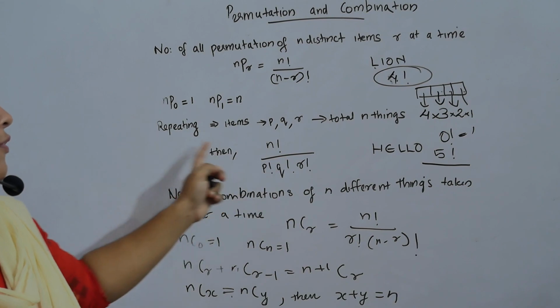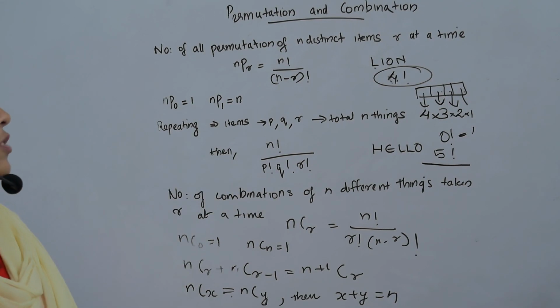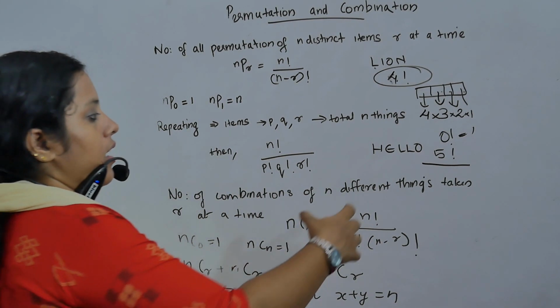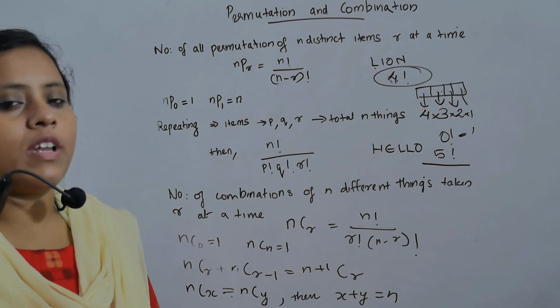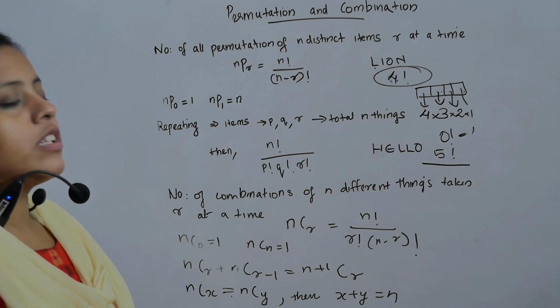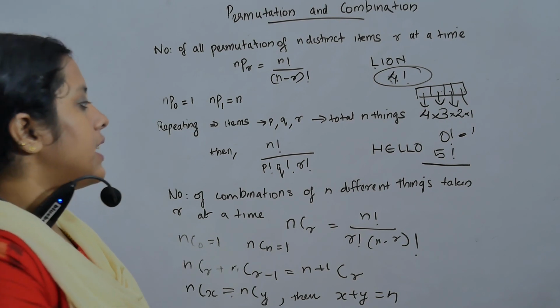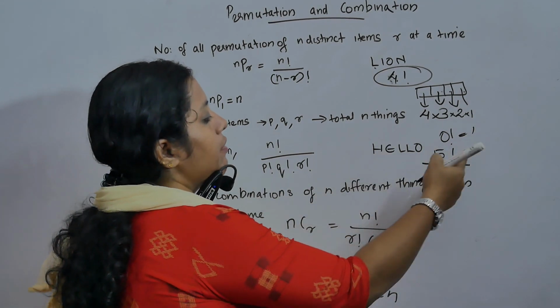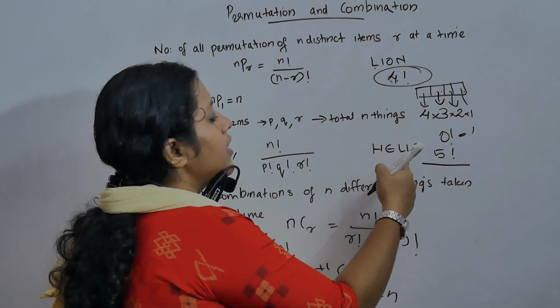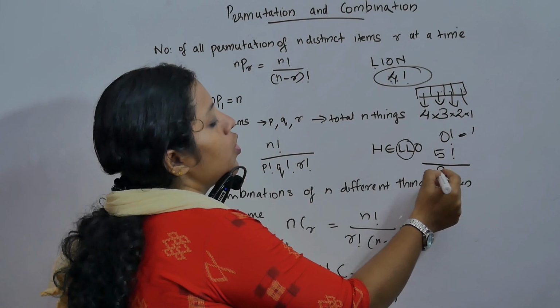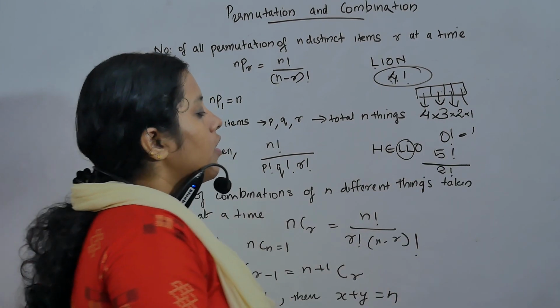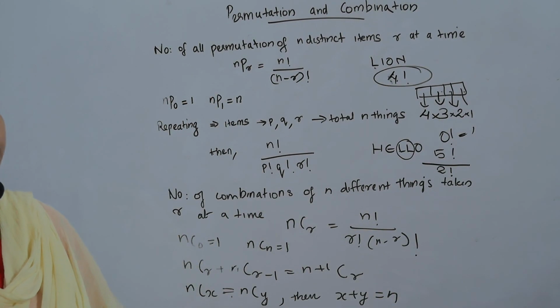You may not understand if you are just reading the formula, so that's why I'm taking an example. For the word hello, L is repeating 2 times, so 5 factorial by 2 factorial.